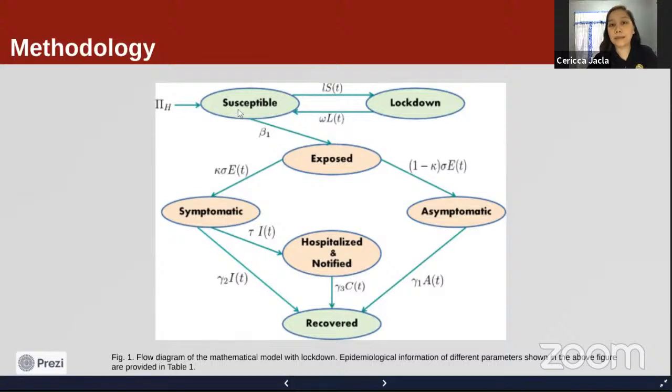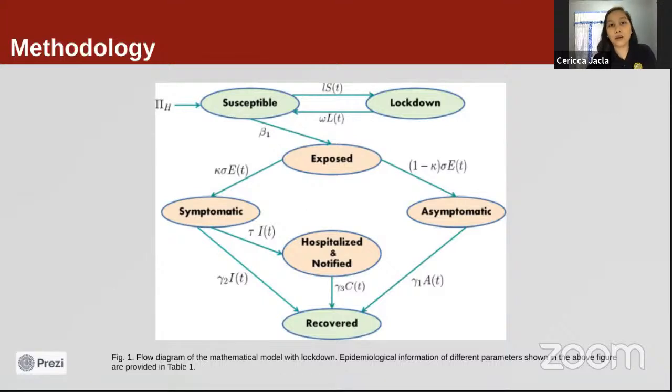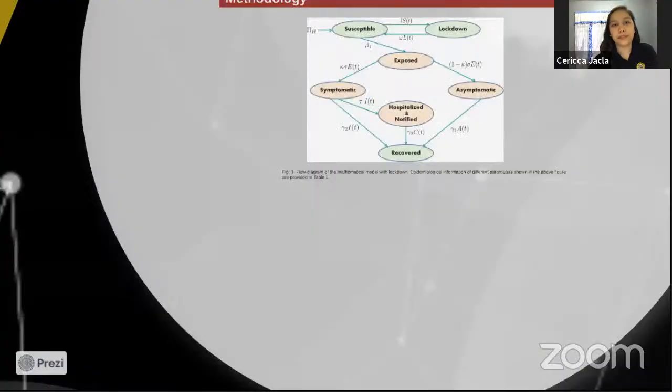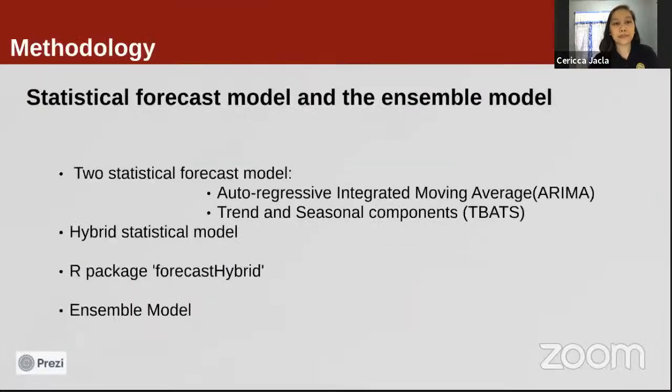This is just the model that I discussed a while ago, in flow diagram illustration form. Our researchers also used some other models to support the mathematical model, because even if the mathematical model is efficient enough to capture the transmission dynamics, it is always smooth, and it may not replicate the fluctuation that is happening on the daily time series trend of the data.